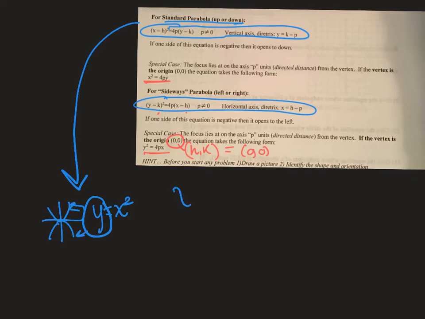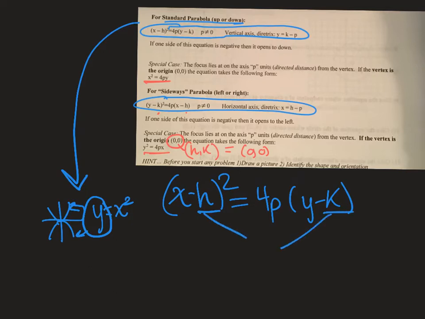So when I look at this formula, (x minus h) squared equals 4p times (y minus k), this is the same formula you had before. I'll show that in a second. But this h and k is my vertex. And then this P is that distance from the focus to the vertex. How long was that distance? And you just plug it in.